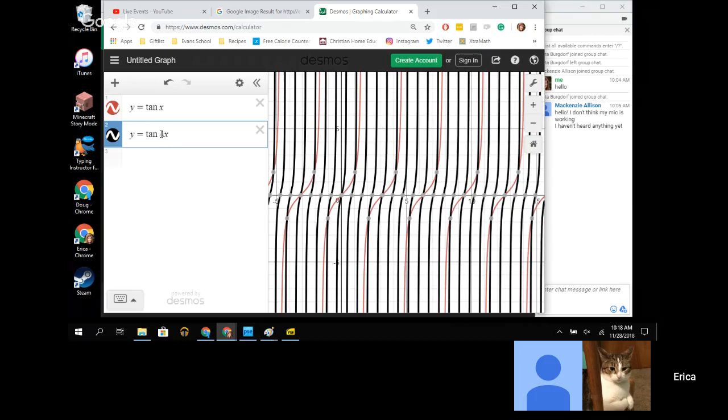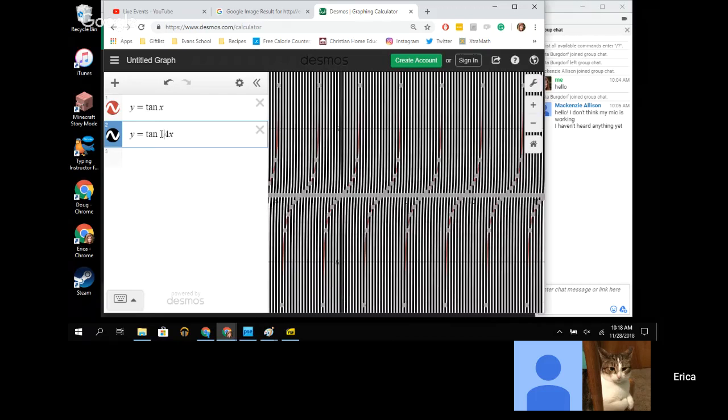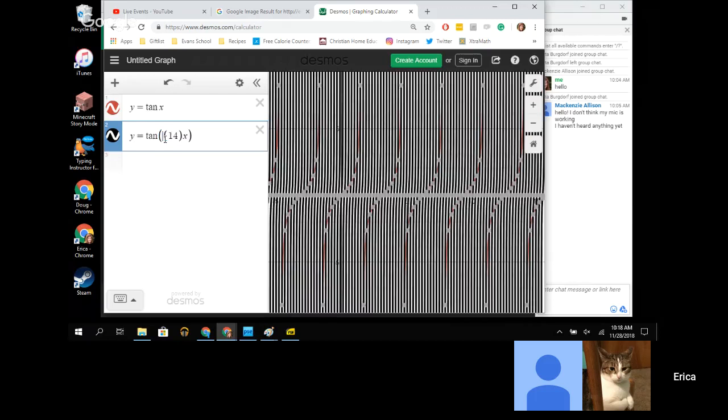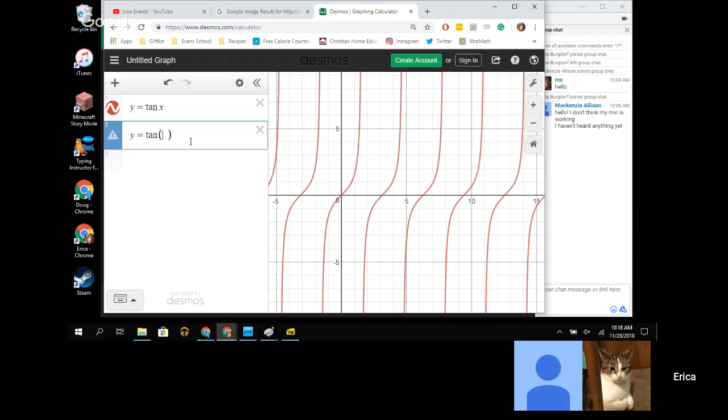Okay, what happens if you put, oops, that's not what I was trying to do. Oh, that's crazy. What happens if you multiply your tangent by 14, it goes crazy. 1/4, that's what I was trying to do, 1/4 of x.